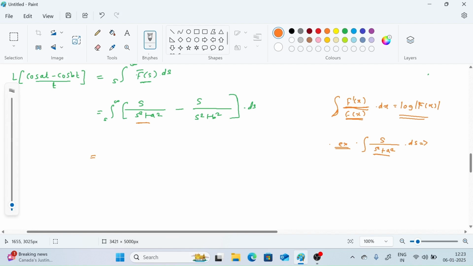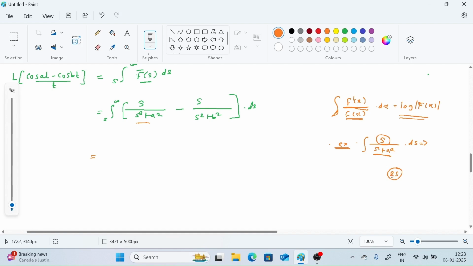If we differentiate this with respect to s, then I will get 2s, right? But here we already have the term s.